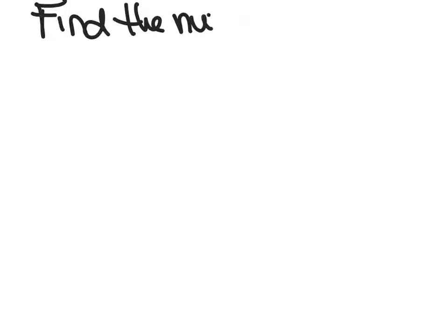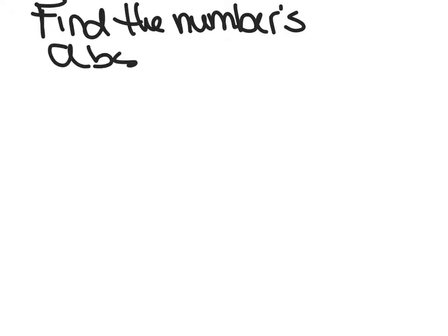Okay, so let's talk about a couple examples. For examples, they might ask you to graph the number on the number line, okay? So, we're going to start with just finding it. So, it says, find the number's absolute value.